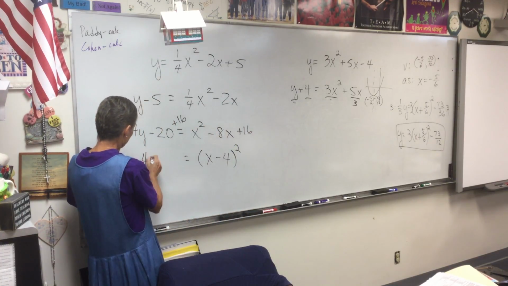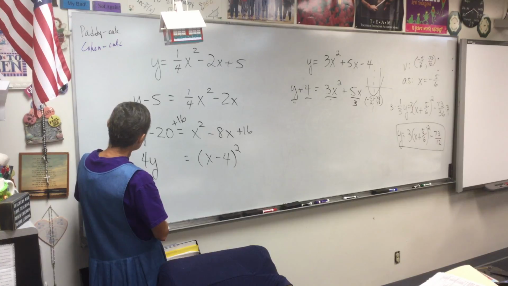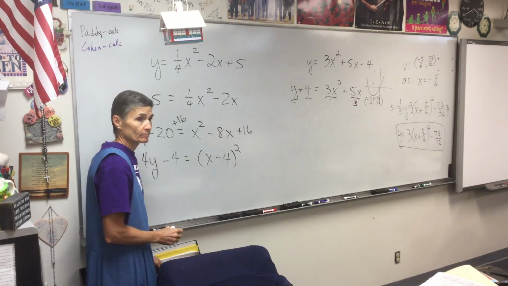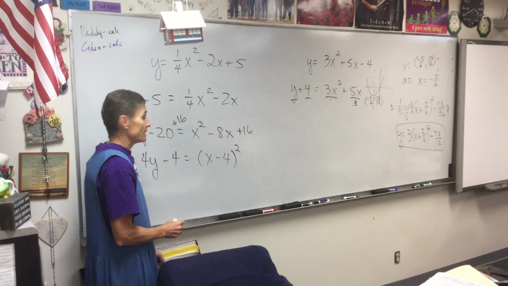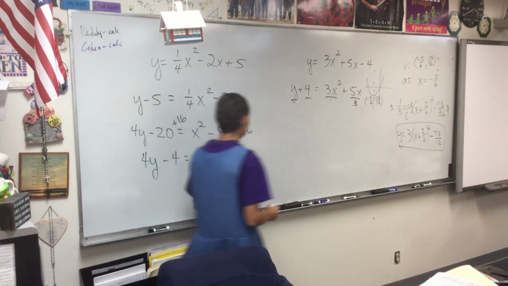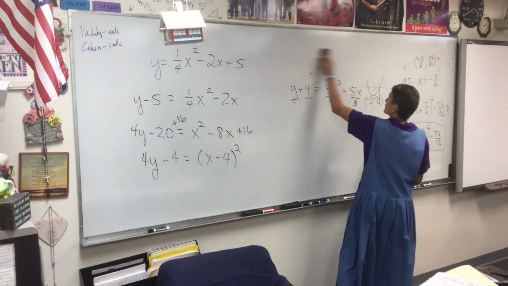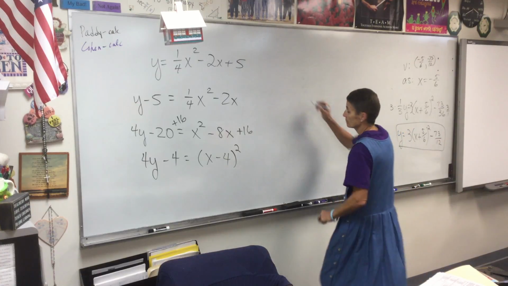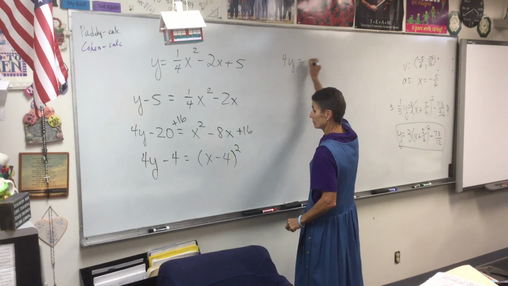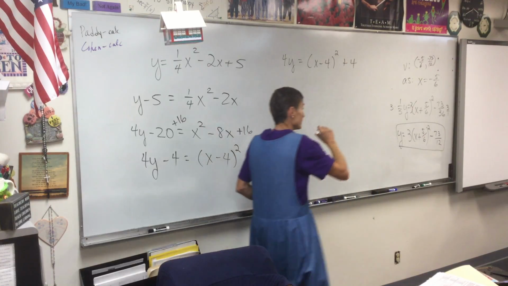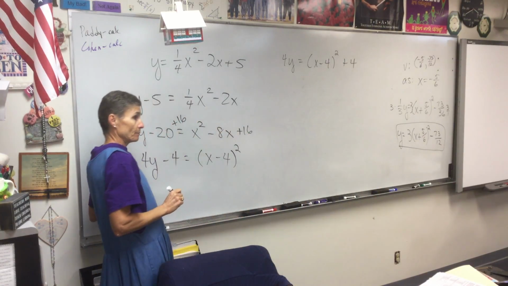And over here, no common denominators necessary. It's 4y minus 4. Now we just have to get y by itself. So we'll add the 4 back over. What's our last step?